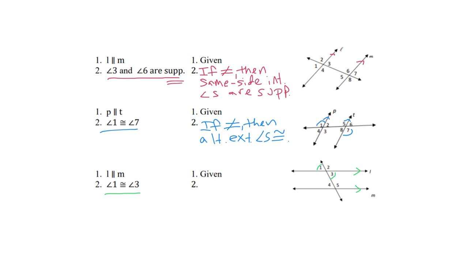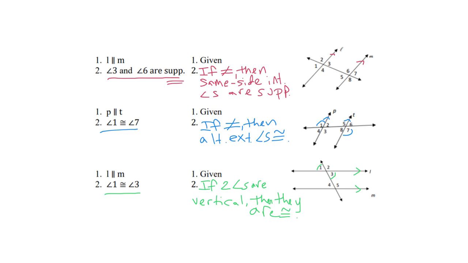So it actually is not a conclusion that is drawn directly from this. It's a conclusion that we know just because we know they're vertical angles. So our reasoning here should simply be if two angles are vertical, then they are congruent. That is what we know for angle 1 and angle 3.